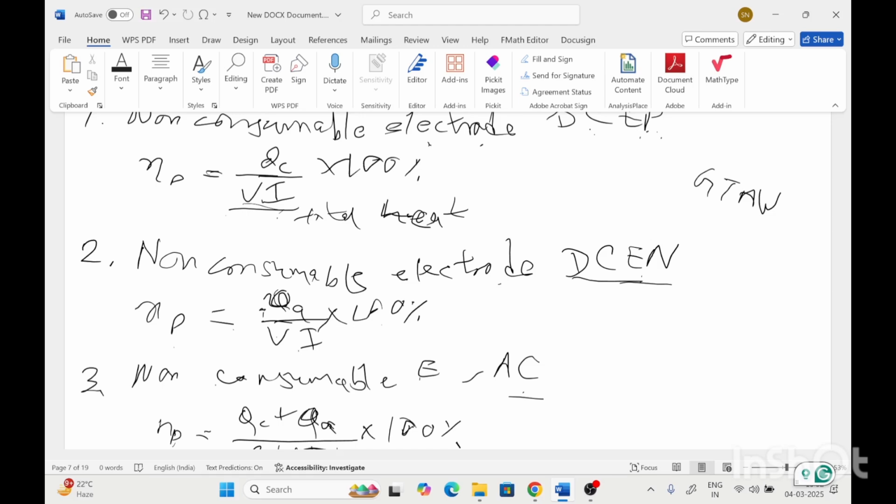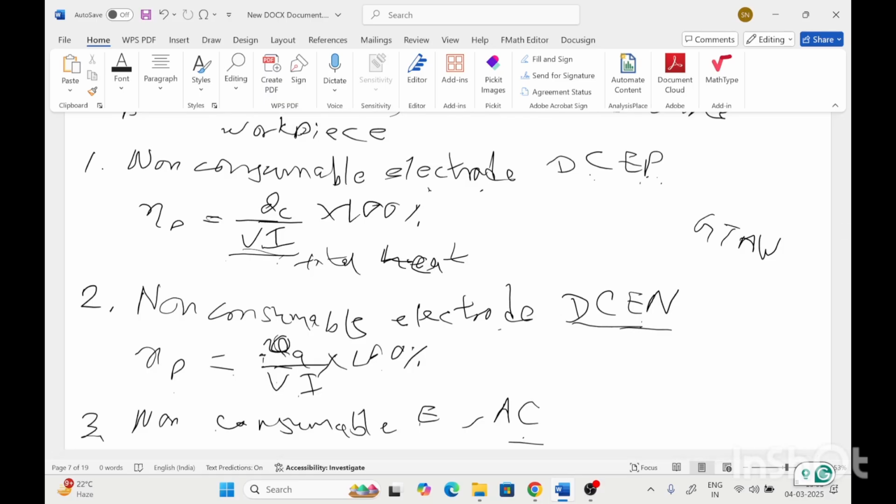I just want to know, if I have a workpiece of say 1 mm or 2 mm thickness, then in that case, to avoid the burn through case, I should go for DCEP. Yes. If we want less heat input for our process, we can use this polarity.